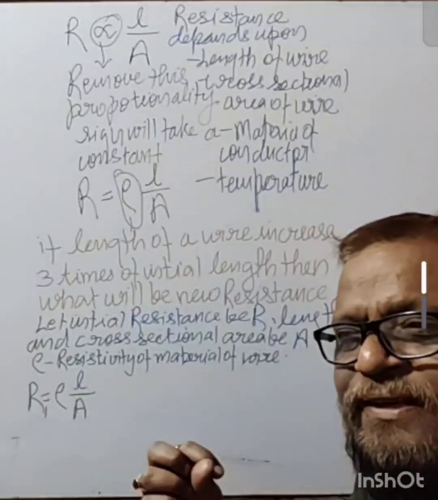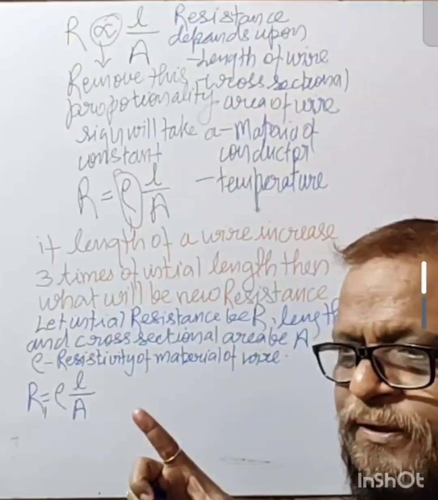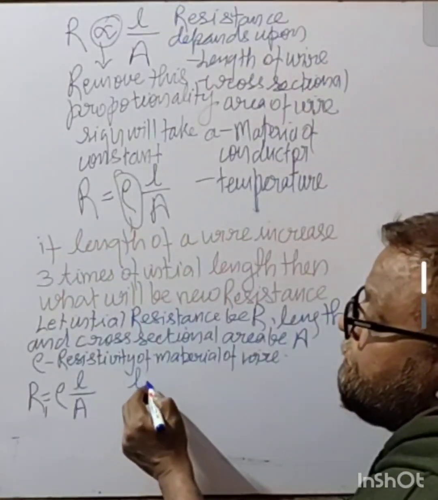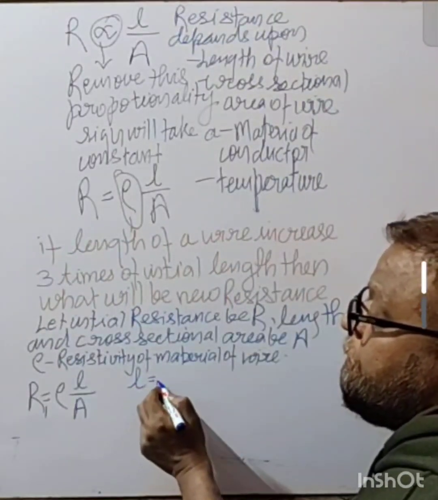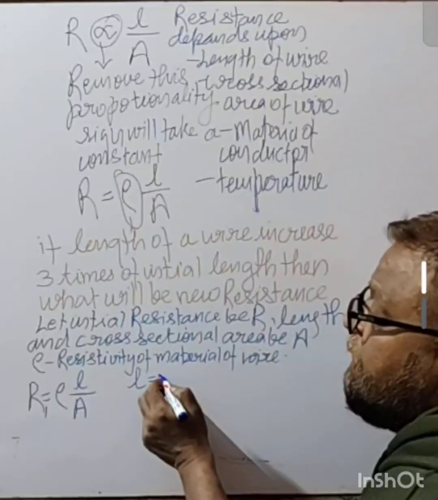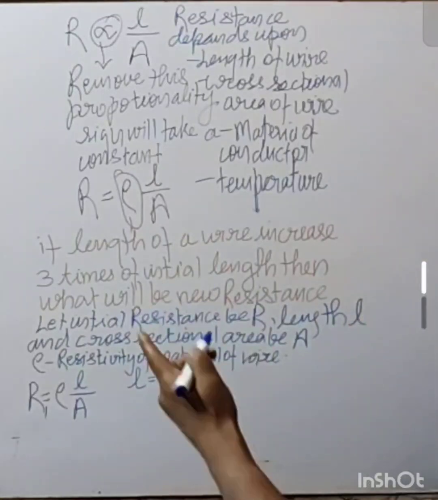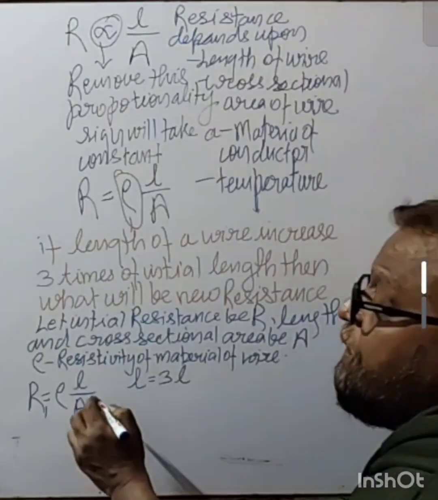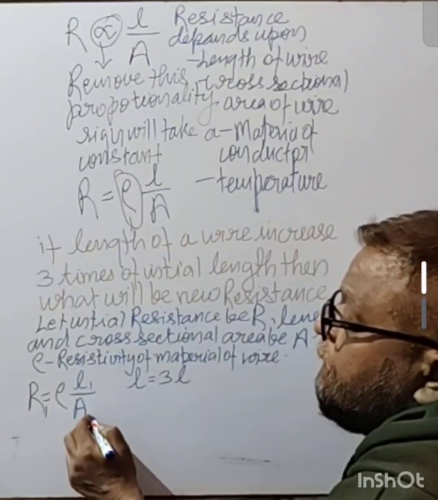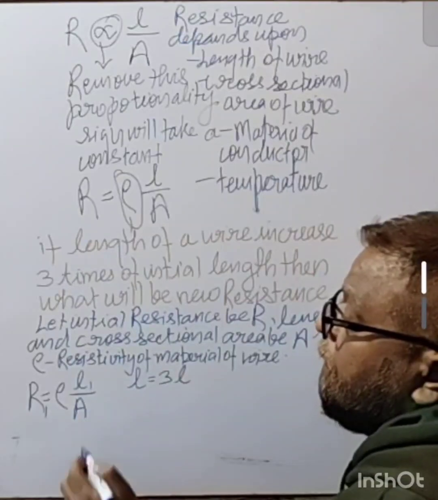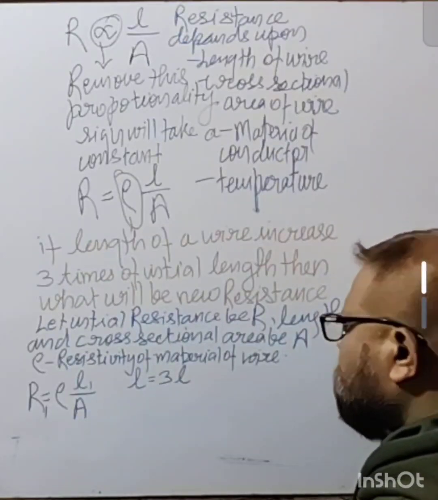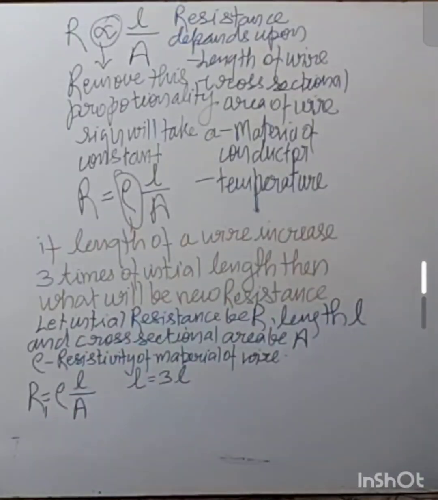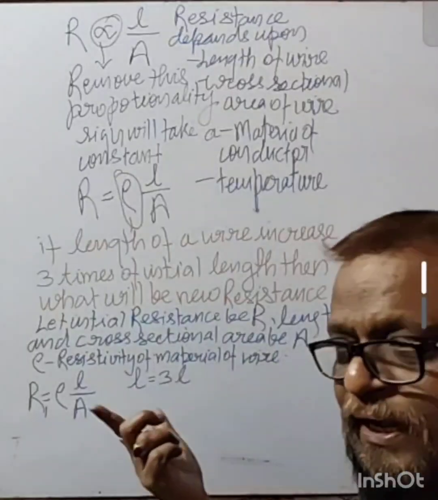Now you increase the length. When you increase the length, this length becomes 3L, 3 times of initial. Okay, length becomes 3 times, so it becomes 3L.